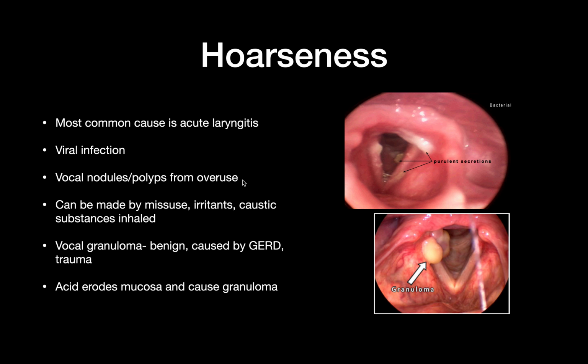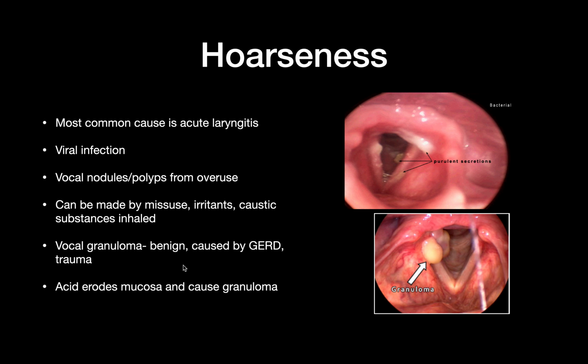And this is also caused by irritants and caustic substances. So if you don't wear a proper mask and you mine or you are a welder, this will cause the nodules or the vocal polyps too. But people who inhale a lot of irritants and caustic substances usually develop a granuloma instead.